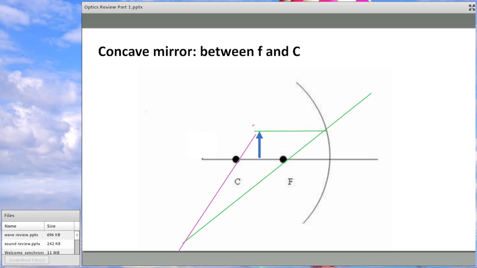Okay, and then we'll do one more. So we're going to go from our object through the focal point, and then we're going to go horizontal. Okay, that one didn't work very well at all.